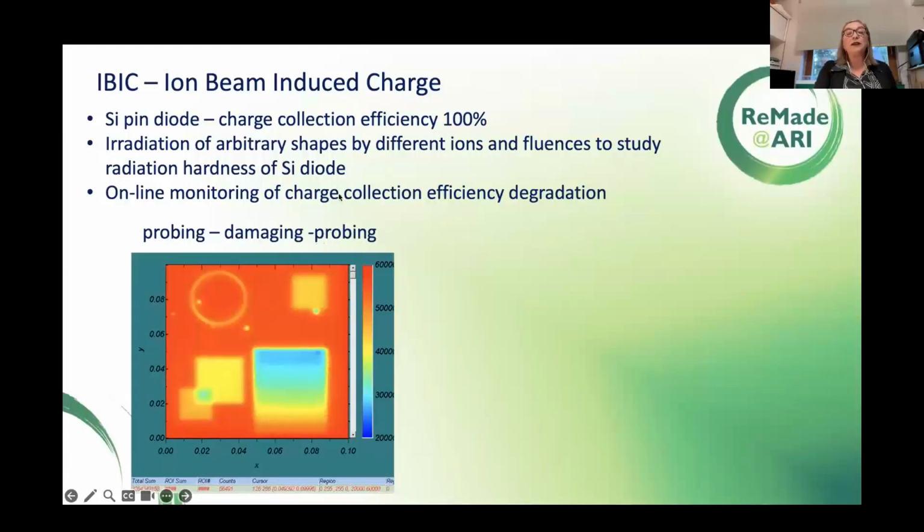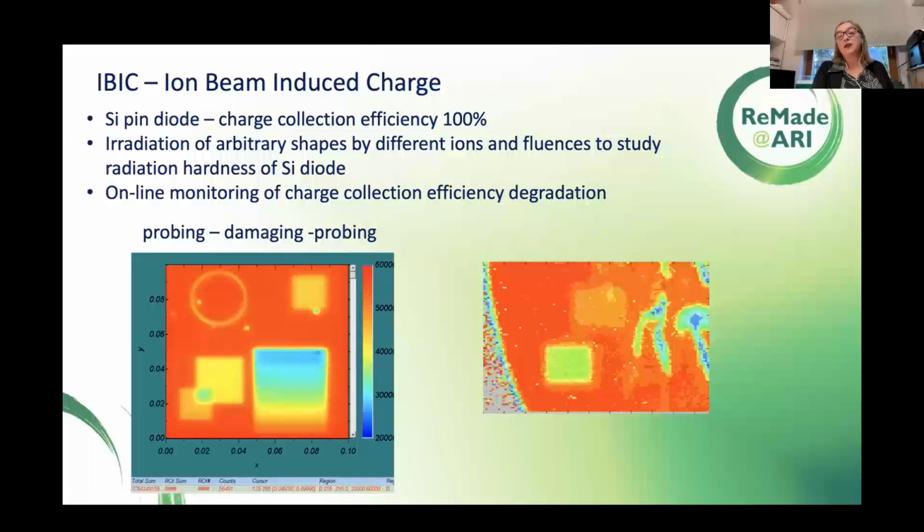And then you probe it again with the IBIC. And you can then see where you have produced the damage and what is the height of your signal after damaging the material.